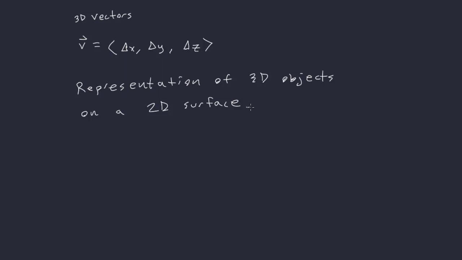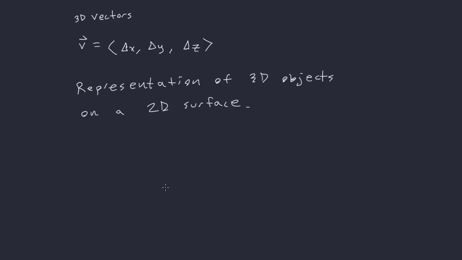Now, objects we can build in our real world, we don't have that problem because we can move it around and look at it at different angles, but the big issue is trying to use our paper or our computer screens in ways that can help us visualize 3-dimensional objects.